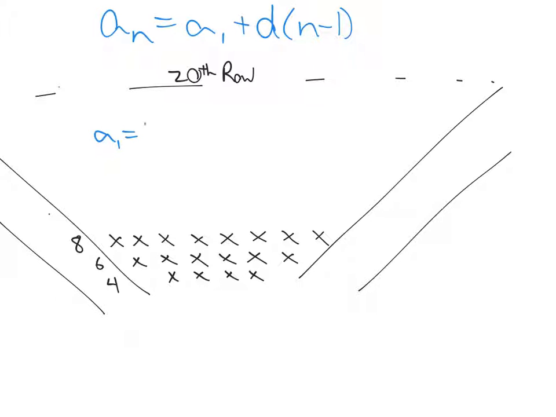How many are in the first row? What would our common difference be? 2. Yeah, it's increasing 2 seats every row. So if I want the 20th row, what's n equal? 20. Alright? So a sub 20 would equal 4 plus 2 times 20 minus 1.